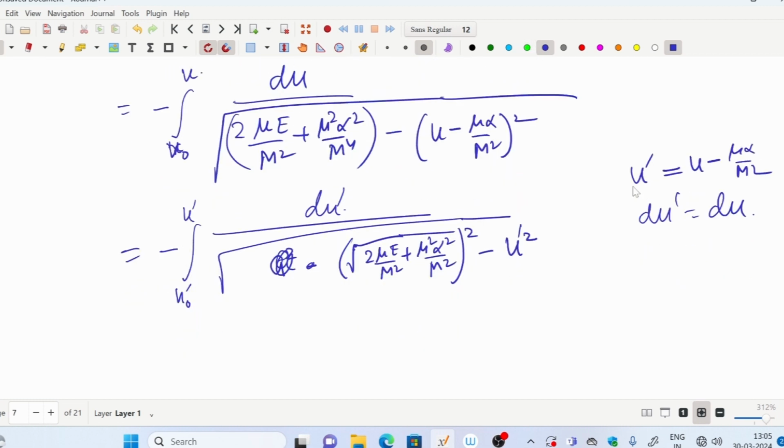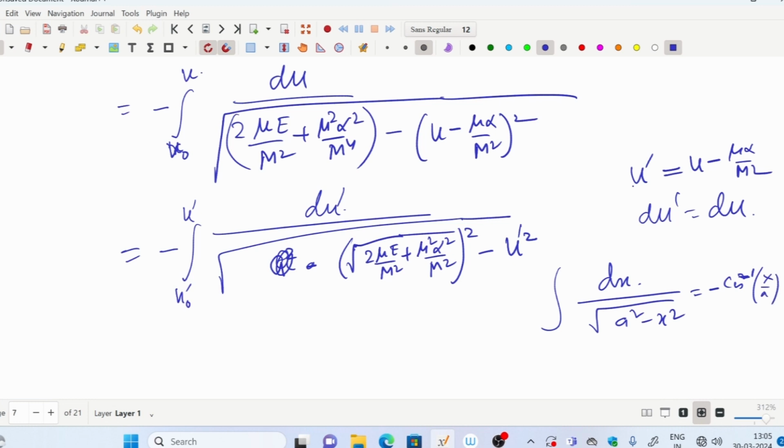So, this is basically the integration dx over root a square minus x square, which is nothing but minus cos inverse x by a.